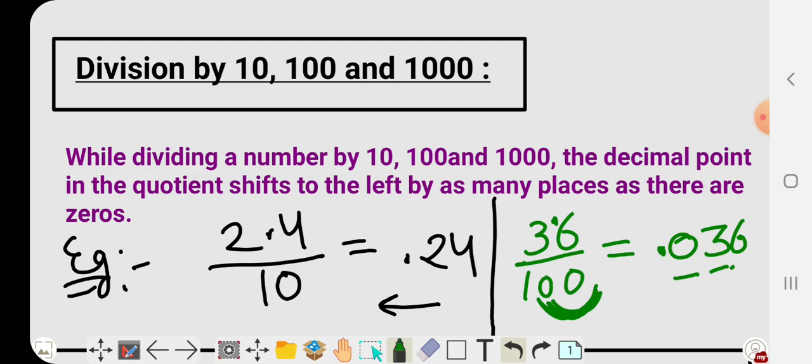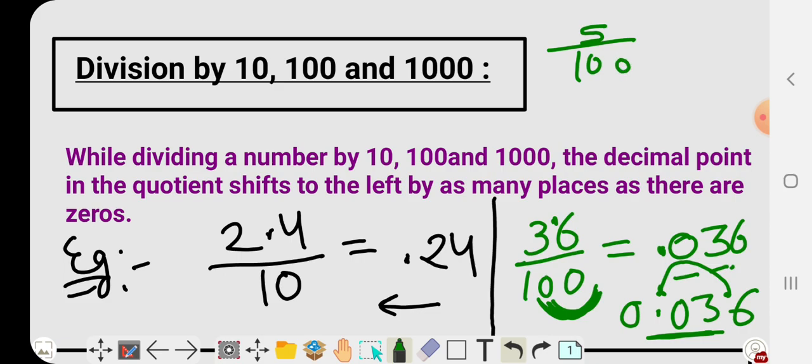So the final answer will be 0.036. The decimal is shifted from this place to this place, meaning it shifted 2 places towards the left. Similarly, if I divide something by 1000, like 5 divided by 1000, the decimal will shift towards the left.